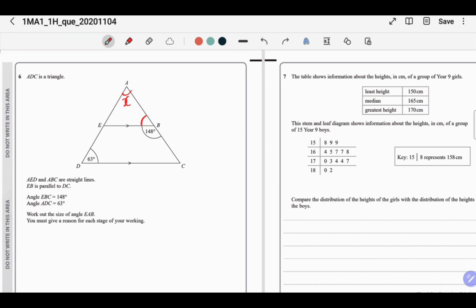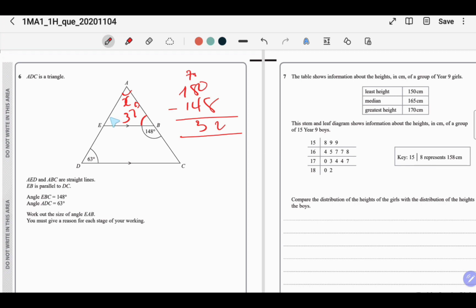If we work out that angle, it's going to be 180 minus 148, and the reason for our answer is angles on a straight line add up to 180. So we have to borrow 1 over here. This will be 2, 7 left over, 3, 32 degrees. This is 32 degrees.